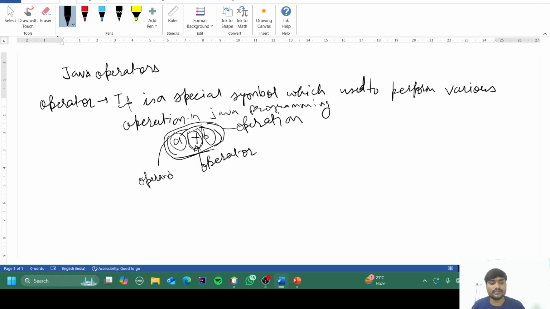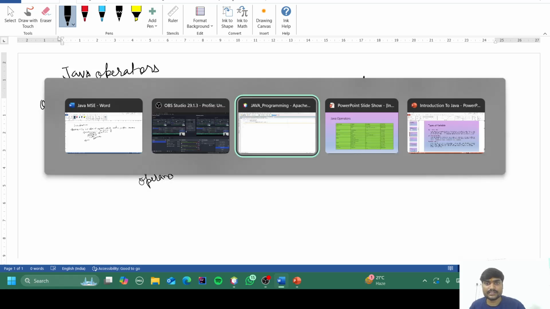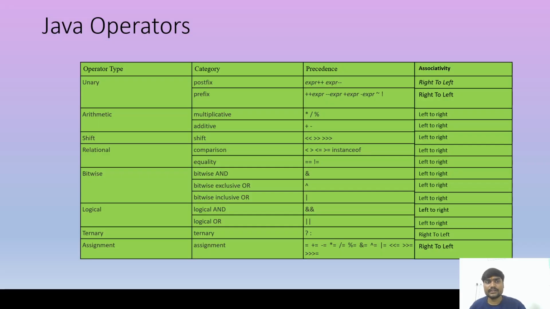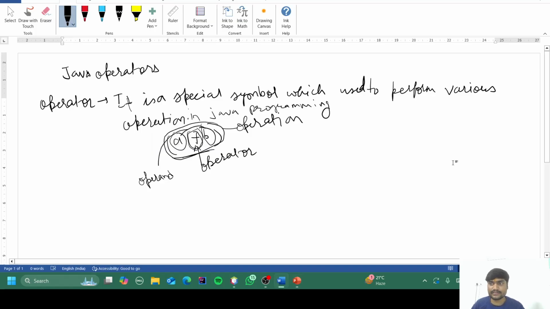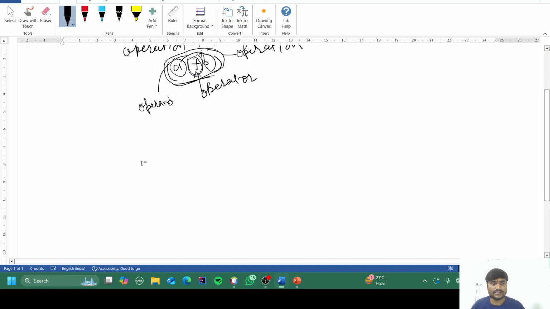So there are various types of operators in Java. You can see here the first operator is the unary operator.